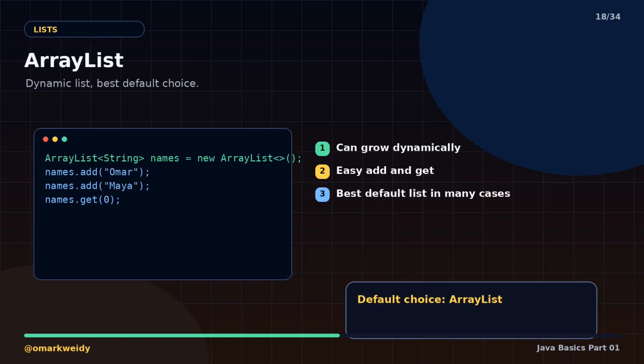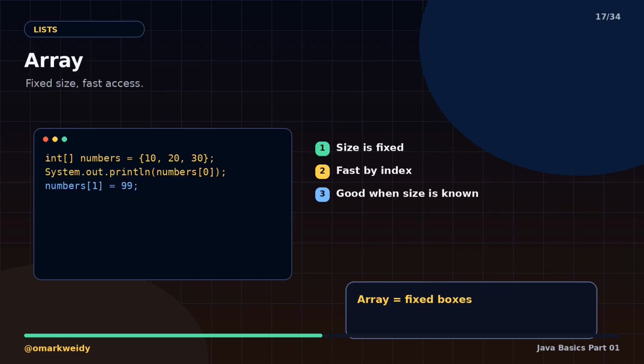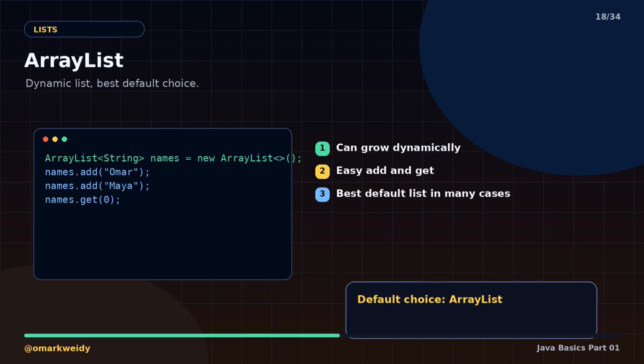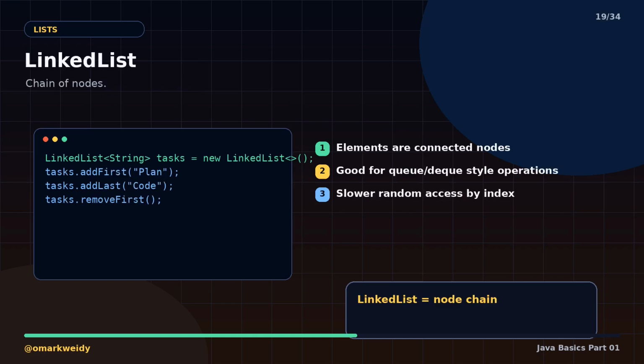So the size must be known for arrays. ArrayList is usually the default list choice in Java. It can grow dynamically, and it is simple to use. Internally, it is an array that grows dynamically. LinkedList is a chain of nodes.